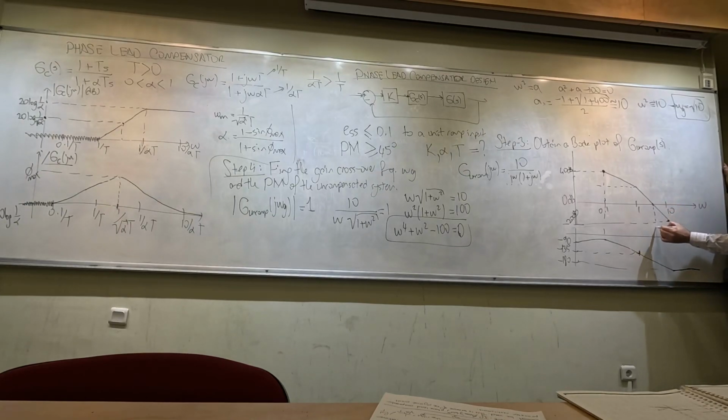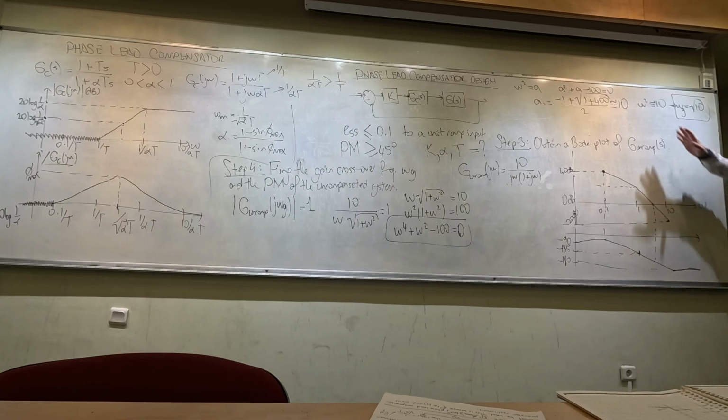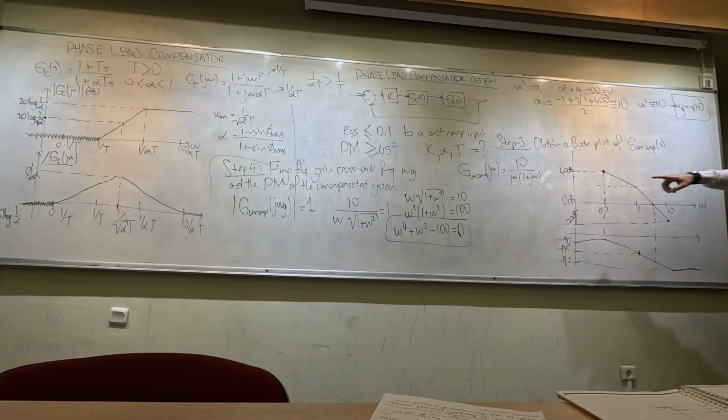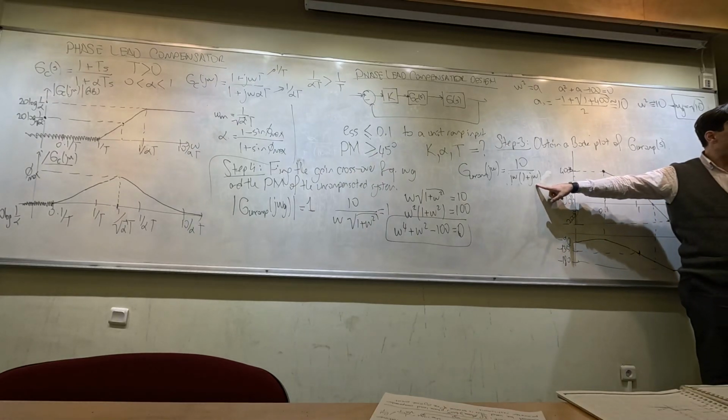Now what I have to do is go below into the phase plot and look at what the phase is there. But I now know the analytical gain crossover frequency, so I can substitute it here and find the actual phase of this system at that frequency.